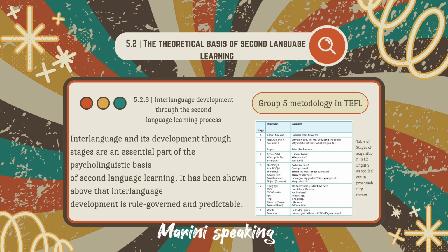Stage 3 develops the SVO pattern from stage 2 further and extends it to the fronting of either an adverb, an auxiliary, or a question word. At stage 3, the learner acquires how to invert sentence structures in order to ask questions.